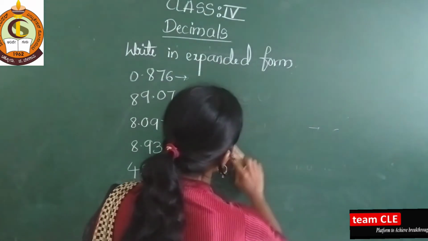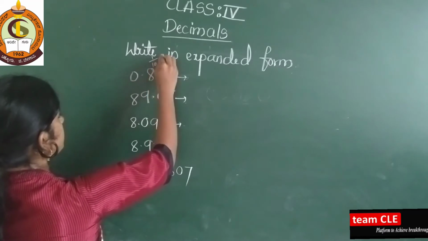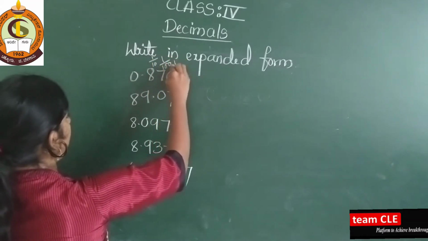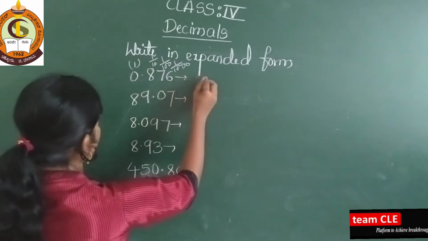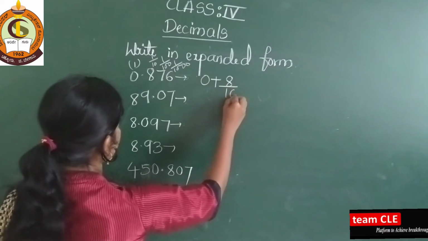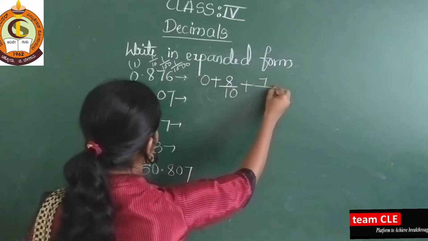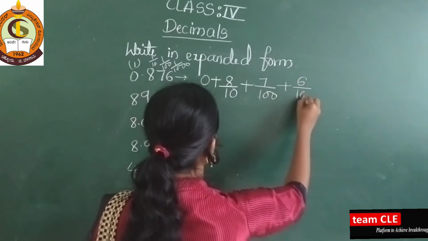Dear students, already you know the place value chart. Then what will come here? 1/10, 1/100 and here 1/1000. So write here 0 plus 8 by 10 plus 7 by 100 plus 6 by 1000.